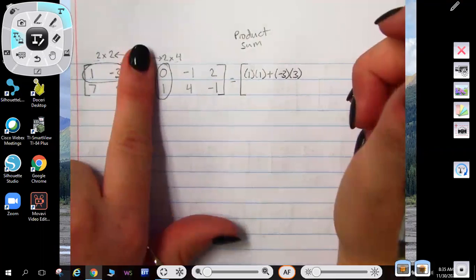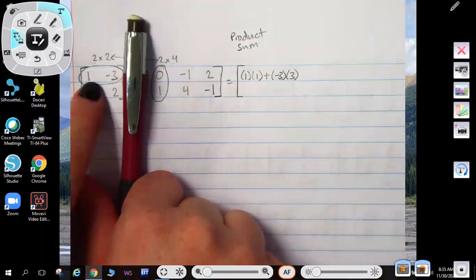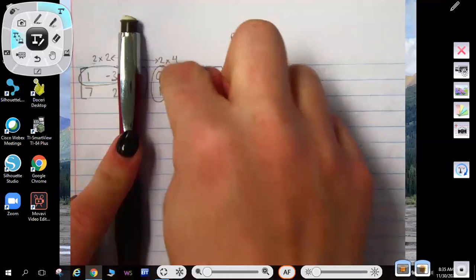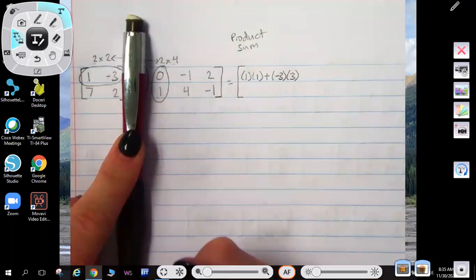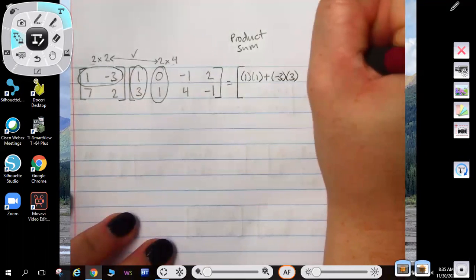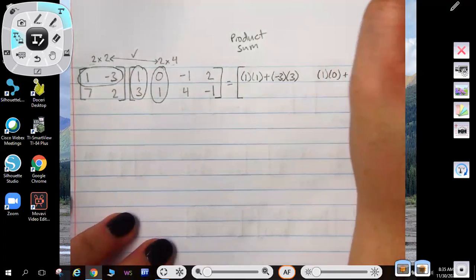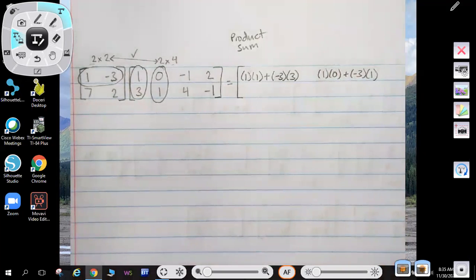So ignoring this row, we're going to multiply the first 2 numbers, which would be 1 and 0. So 1 times 0 and -3 times 1, and we're going to add those together. So 1 times 0 plus -3 times 1. Oof, I'm going to run out of room.